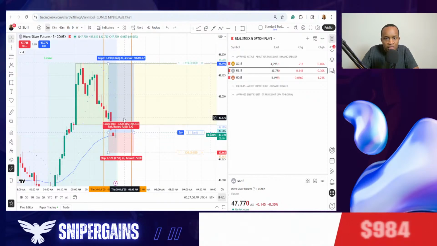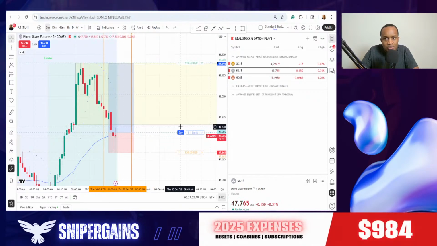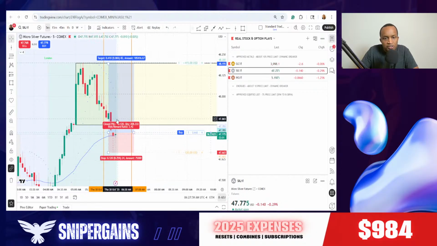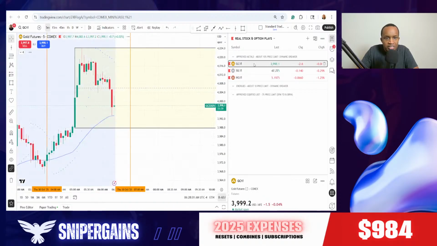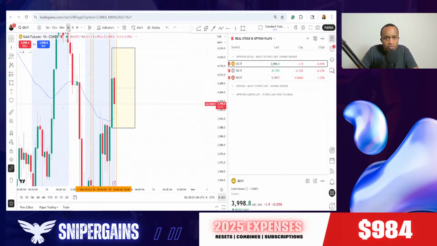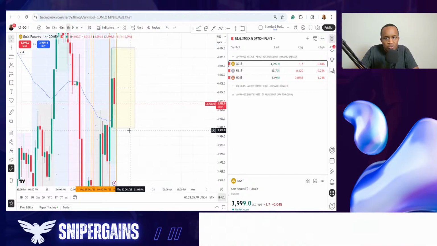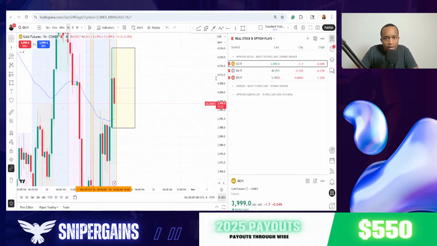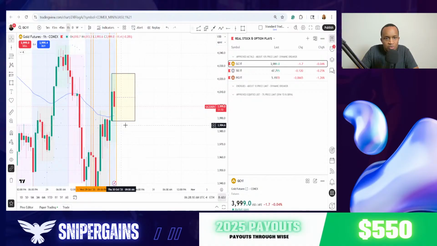It would give me a 3.42, so that's positive. However, we're going to have to wait and see if we do form a bullish fair value gap. I will need to keep an eye on gold as well, because gold is what I'm betting is going to keep going up, but we'll see what happens.